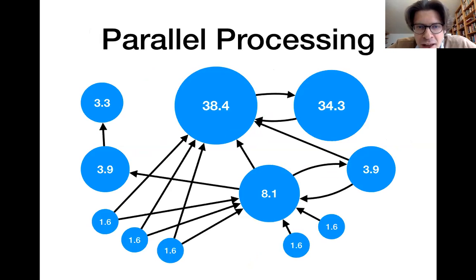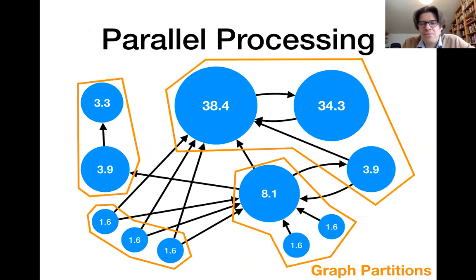For instance, here we have the example of the web graph. This is, of course, a small graph. In reality, it would be way too large to represent. We would divide this graph into partitions, where each partition is defined by a subset of nodes.